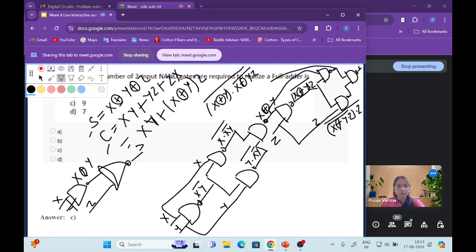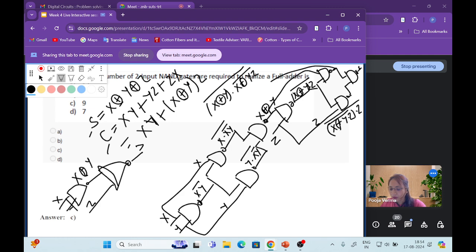And if you give it to another NAND gate, you will get x XOR y XOR z. If you further solve, the solution is very large, so if we solve it here, it will take a lot of time. If you solve it, you will get it. Otherwise, if you have any doubt, you can ask in the next class. First try to solve it and let's see.